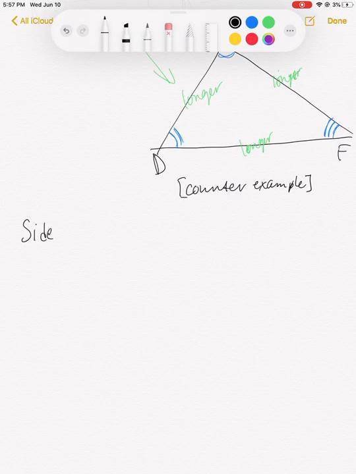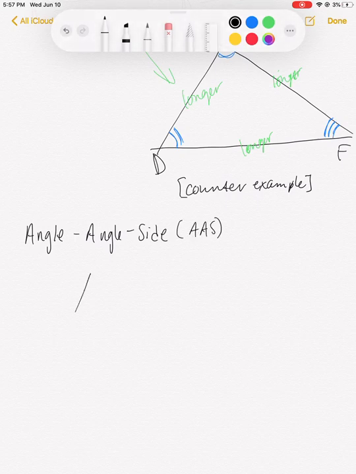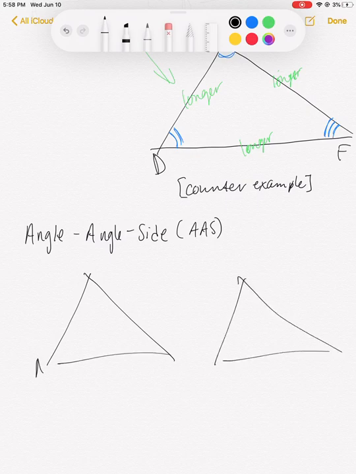Next we did two angles and a side. This is the angle-angle-side test. So this is ABC and DEF.